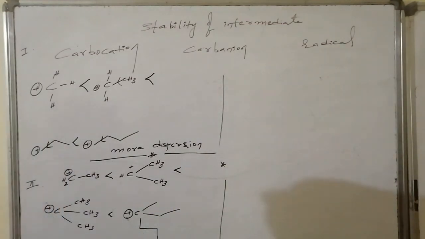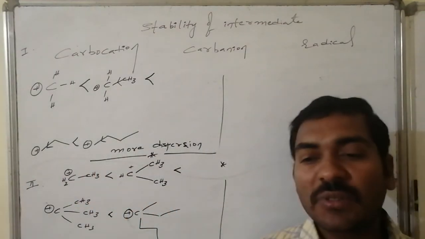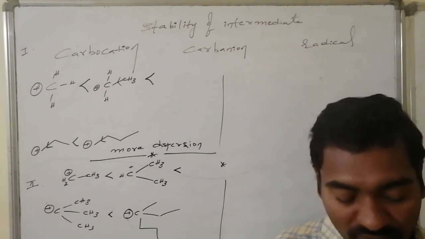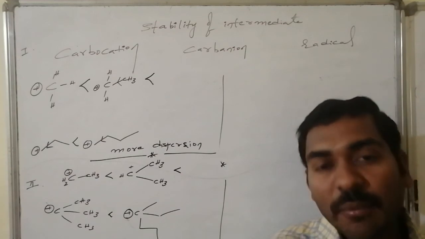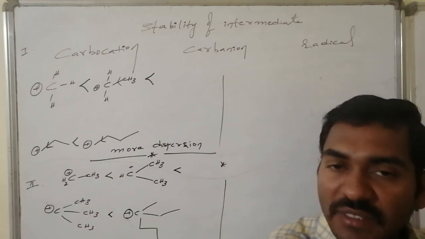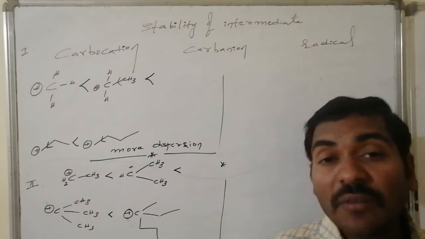The more the positive inductive effect groups, or the more strengthened positive inductive effect groups, the more stable. The first thing we have to look at is the strength. The second thing we have to look at is the number. The average of the number as well as the strength of positive inductive effect groups connected with the cationic carbon decides the relative stability.